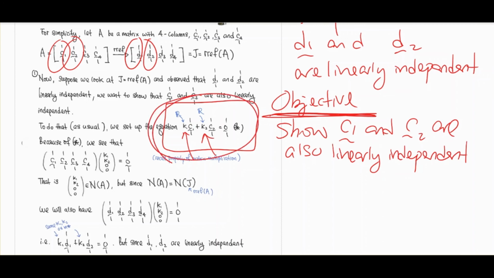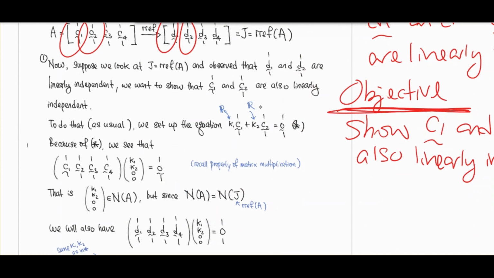So we have to investigate this linear system. From the property of matrix multiplication, I can rewrite this linear system as this. Remember, this is K1 of this column, K2 of this column. That's how you get this right here. And because I don't really need C3 and C4, I put 0 of this column, and then 0 of this column.